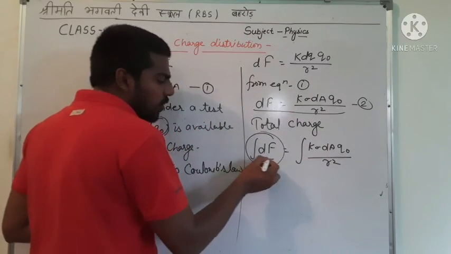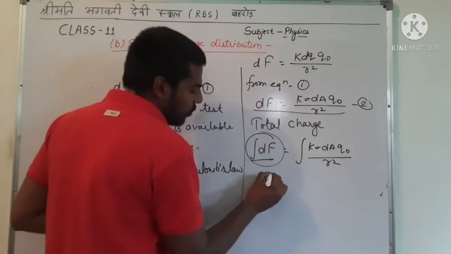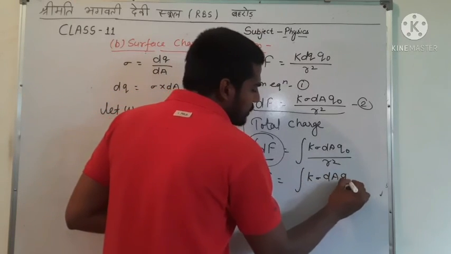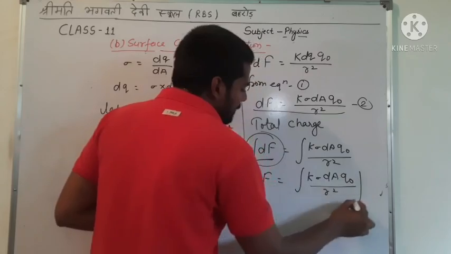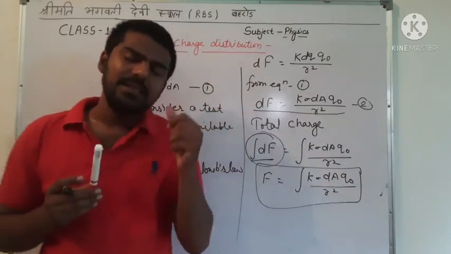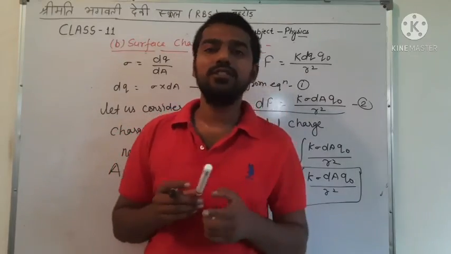The result is F equal to k sigma dA Q0 upon R square. This is the total force available at a charge in surface charge distribution.